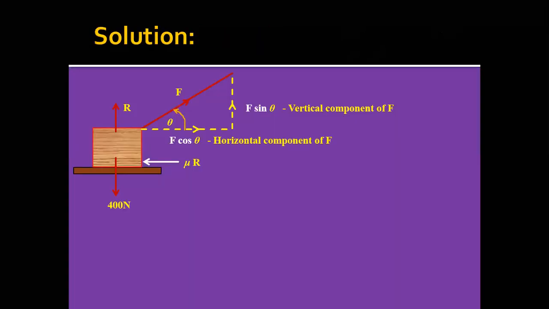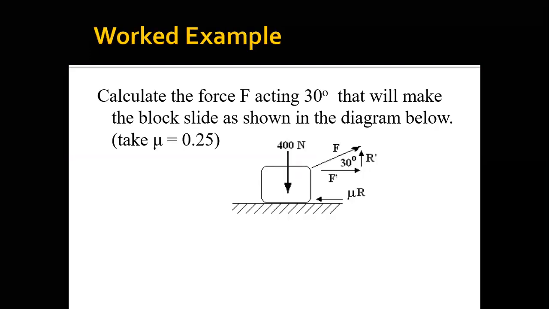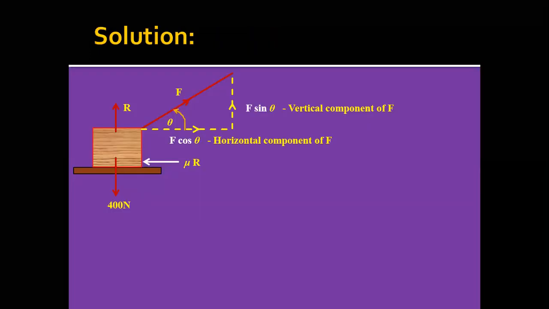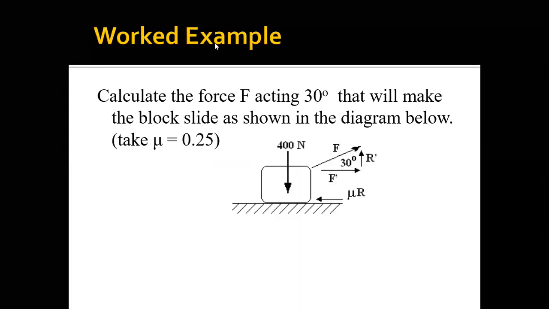So when we look at this, these are the objects. Initially, we're given 400 Newton. Mu was given as 0.25. So let's write that somewhere. We have to take note of that. So mu is 0.25.